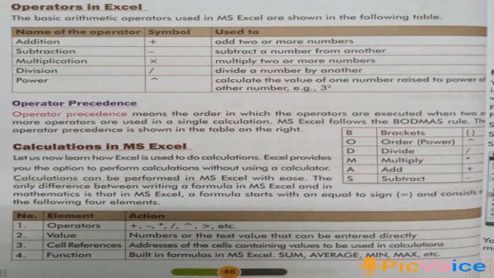How to calculate in MS Excel? There is an option to perform calculations without using a calculator, and calculations can be performed in MS Excel easily. The only difference between writing a formula in MS Excel and in mathematics is that in MS Excel a formula starts with an equal sign and it consists of four elements.